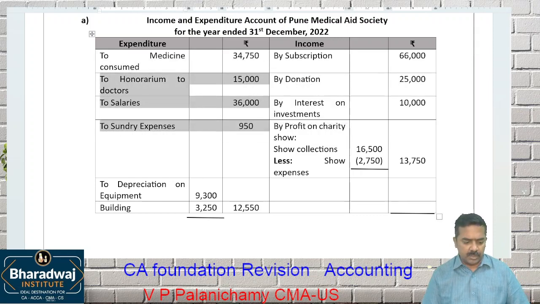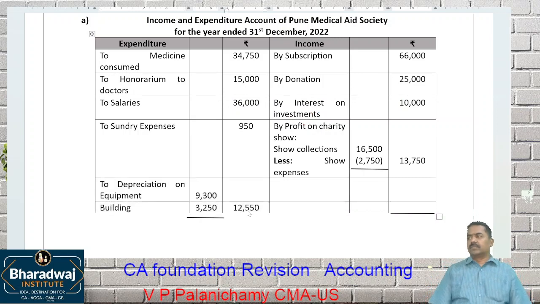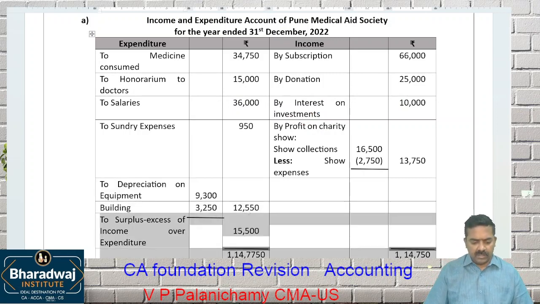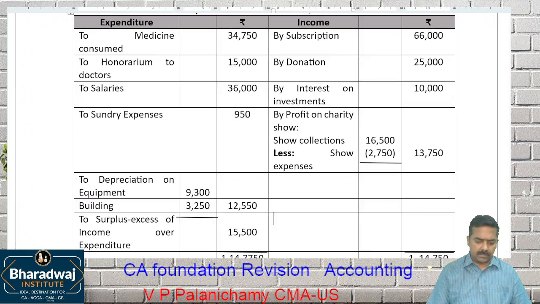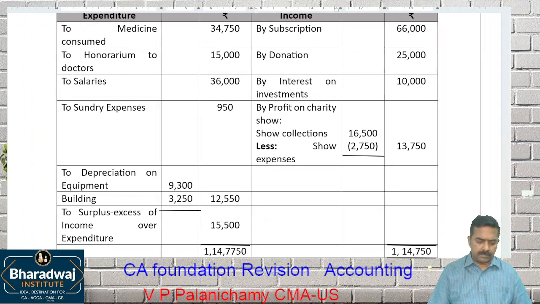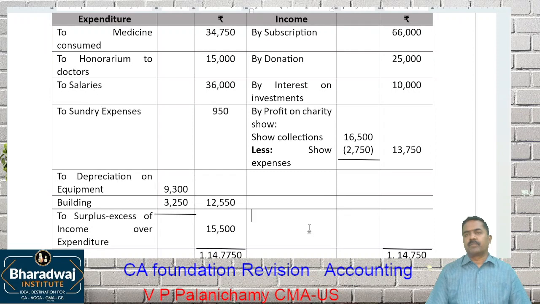Then other things as usual. Depreciation on equipment and building we worked out. Tally it, you will get the surplus. Try to prepare the balance sheet next.